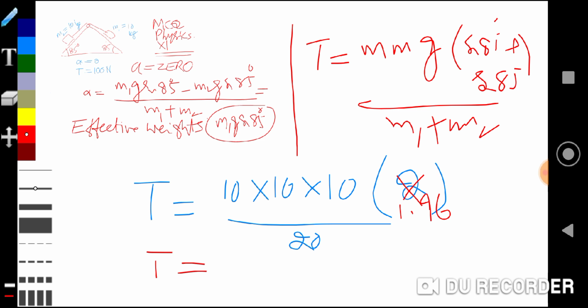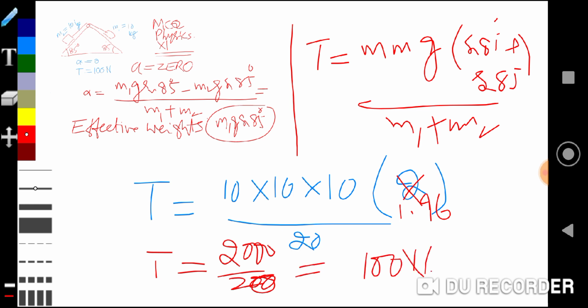This is why we have to take the approximation. 1000 multiplied by 1.96 means 1000 multiplied by nearly 2 will be 2000, divided by 20, the result will be 100 Newton. So here the tension will be 100 Newton for this case.